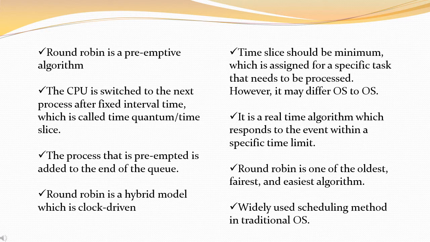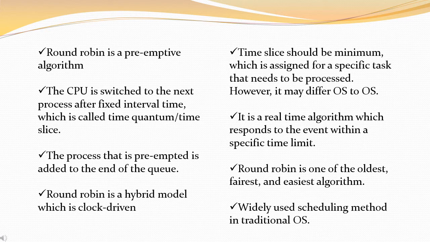Round robin is a preemptive algorithm. The CPU is switched to the next process after a fixed interval of time, which is called time quantum or time slice. The process that is preempted is added to the end of the queue. Round robin is a hybrid model which is clock driven.